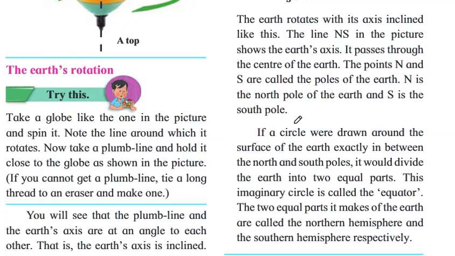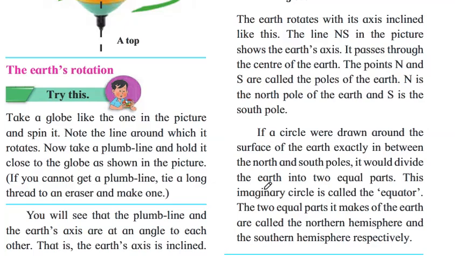If a circle were drawn around the surface of the Earth exactly in between the North and South Pole, it would divide the Earth into two equal parts.